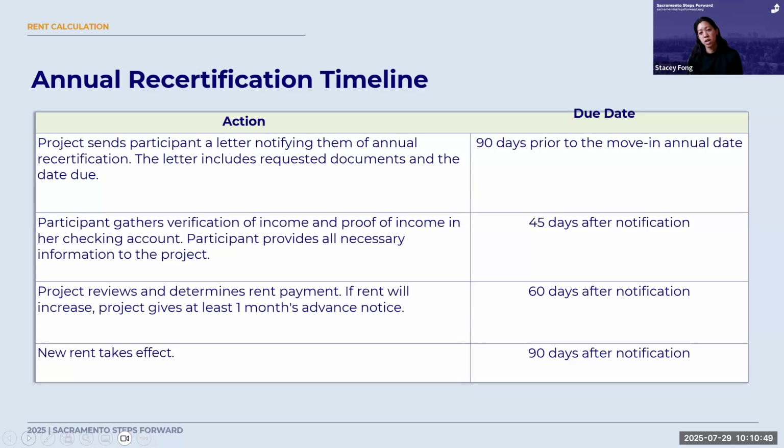The participant will then gather verification of their income or any proof of income in their checking account and provide you with all the necessary information about 45 days after they're notified. From there, you're able to review and determine rent. If the rent will increase or decrease, you should give them at least 1 month's advance notice. The rent will go into effect after that 90-day mark of the notification, so about a 3-month advance notice. Next slide.